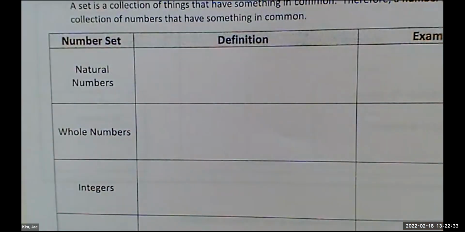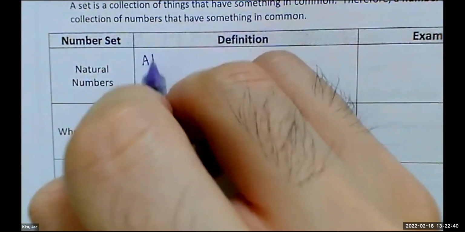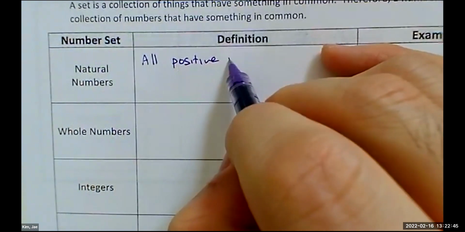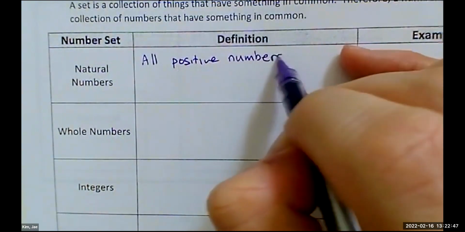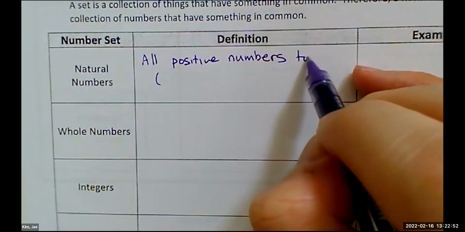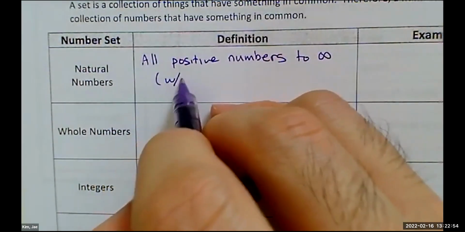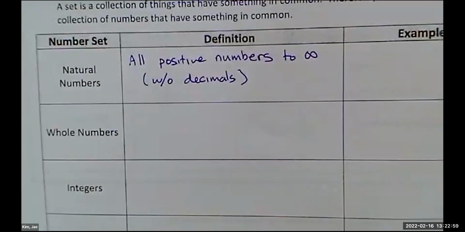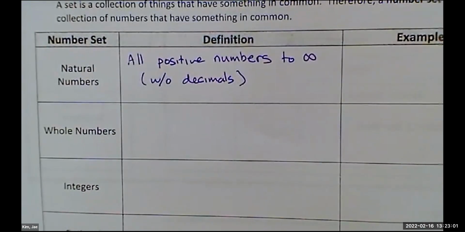Natural numbers, any non-decimal positive numbers. Essentially natural numbers are all positive numbers, all the way to infinity for as far as you can count without decimals.